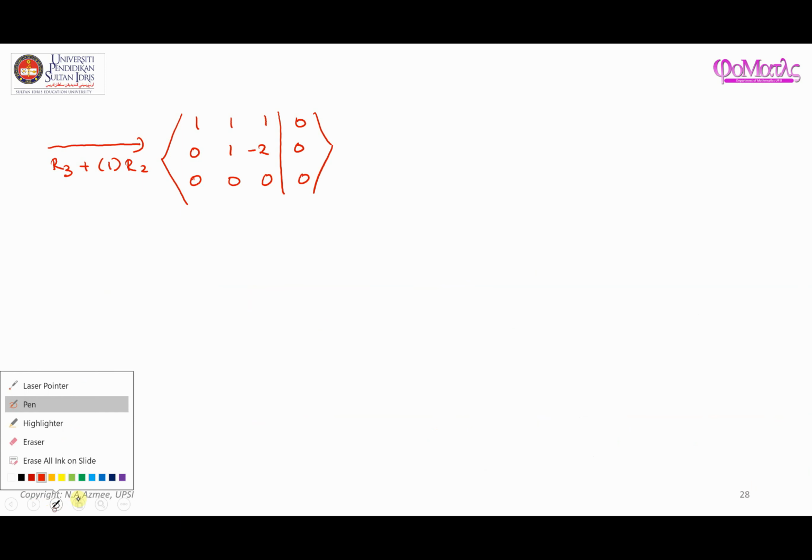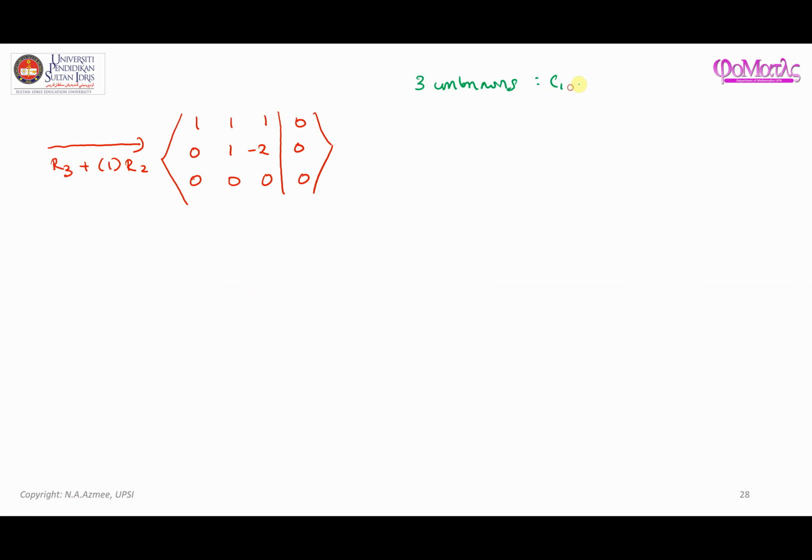Based on that, clearly we have 3 unknowns to be solved, which are c1, c2, and c3. But from this final look of our augmented matrix, we only have two equations to be considered, and therefore it should come to your mind that we are going to have infinitely many solutions.